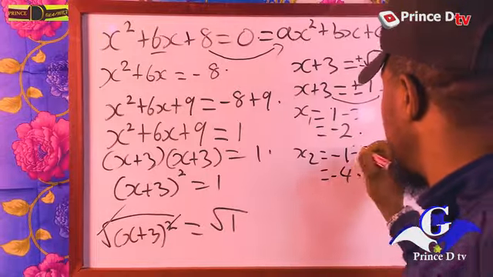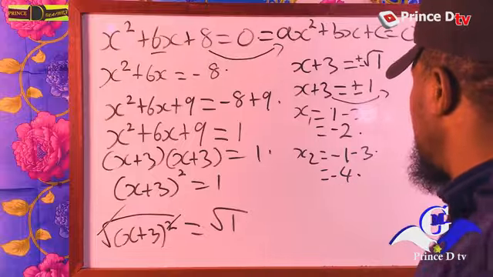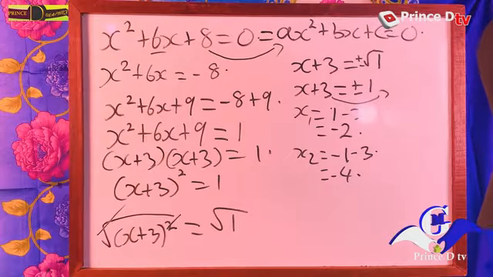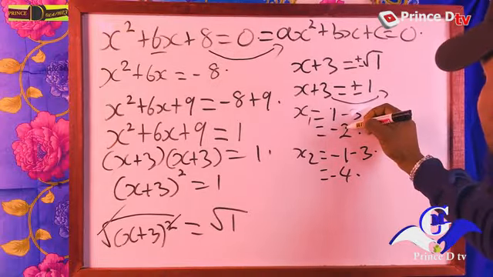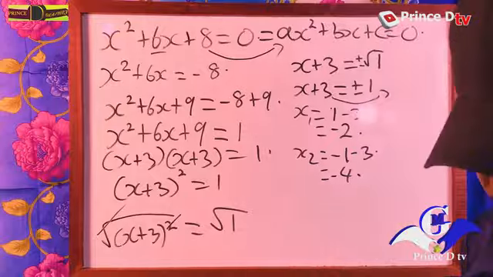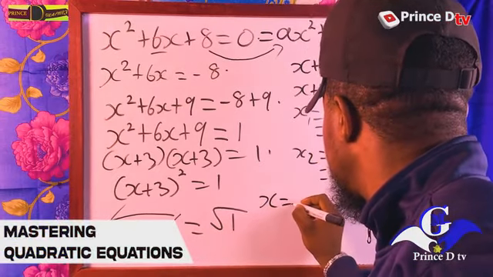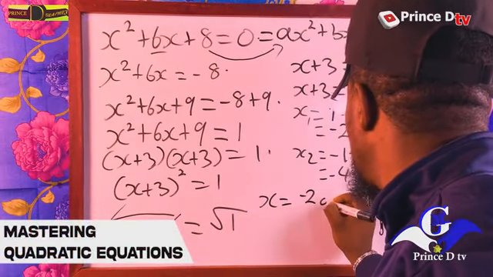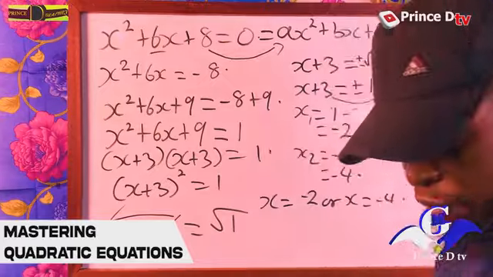So x1 is equal to negative 2, x2 is equal to negative 4. So these are the solutions of the equation: x is equal to negative 2 or x is equal to negative 4.